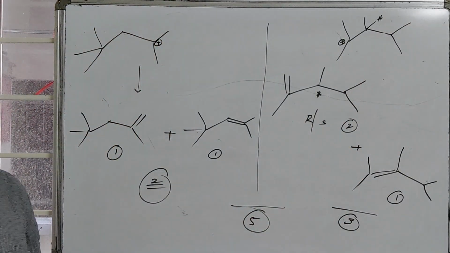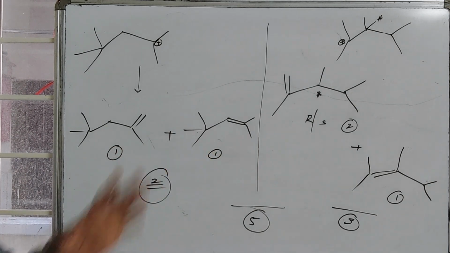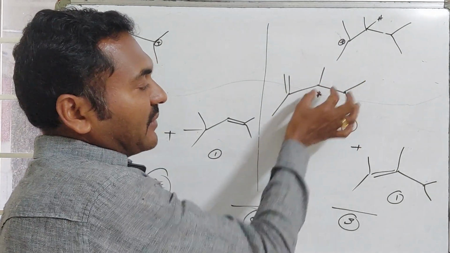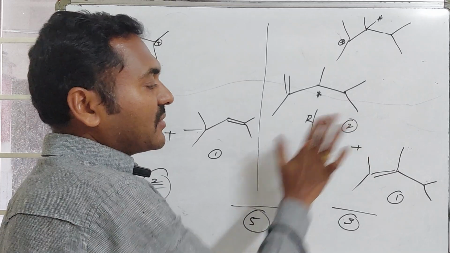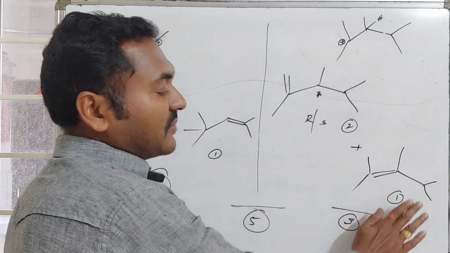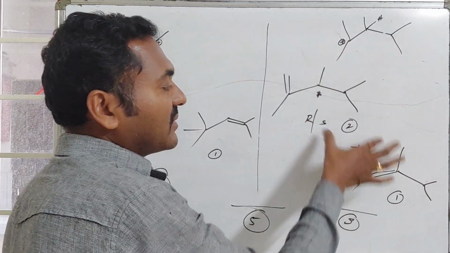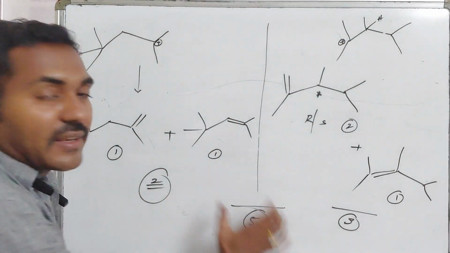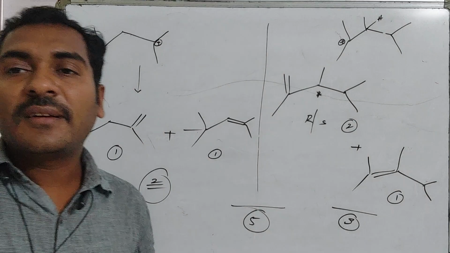These two compounds don't have any stereo centers. From this carbocation, one forms a compound with a chiral center, hence enantiomers are formed, and the other is a normal compound. So this is 1, these are 2, and these are 2, total 2 plus 3, five varieties of alkenes are formed.